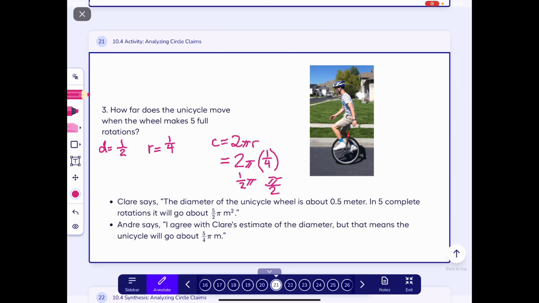But if you read the problem, they want to know how far the unicycle moves when the wheel makes 5 full rotations. So it's 5 times pi over 2. In 5 full rotations, I'm going to use a different color. It's 5 times pi over 2.